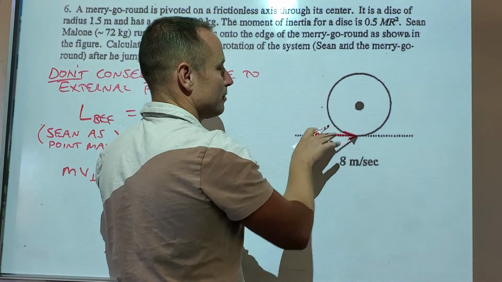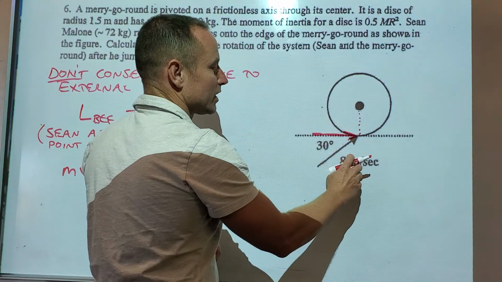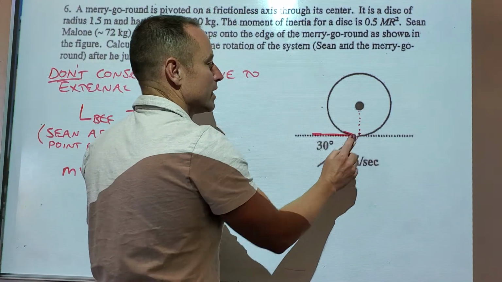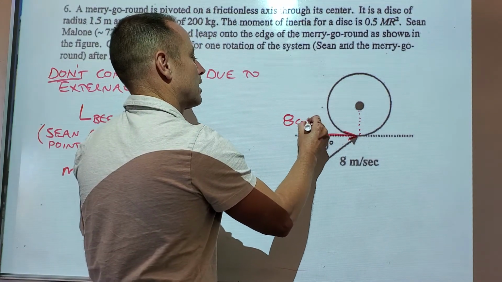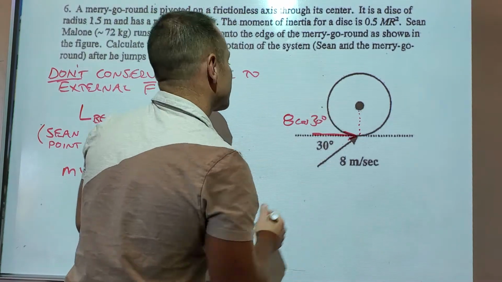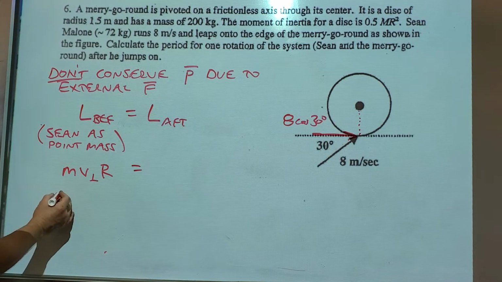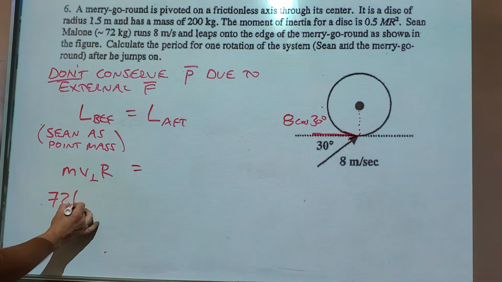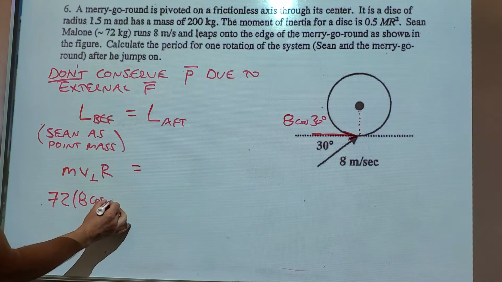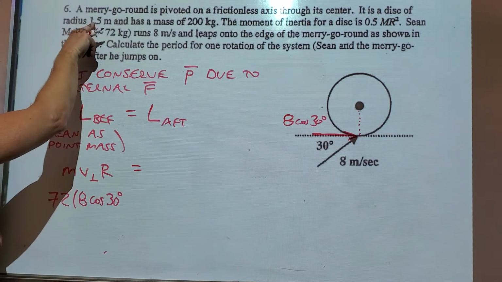So that's like the v perp. Here's where he jumps on. So the part of his velocity that's this way doesn't matter a bit. So this is our guy, and what's that going to be? 8 cos 30, 8 cosine 30 degrees. So we can even start putting in some numbers. This is going to be Sean's 72 kilos, times 8 cos 30. And then how big is this thing? Radius 1.5 meters.